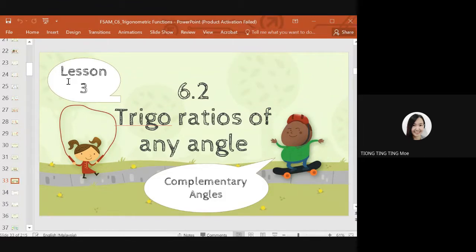So today we'll learn about complementary angles. Complementary. What is the meaning of complement? What does it mean by complement? Can anyone tell me? Complement. Complement means what? In BN, can anyone answer me?